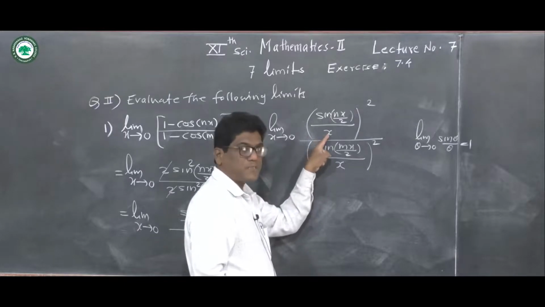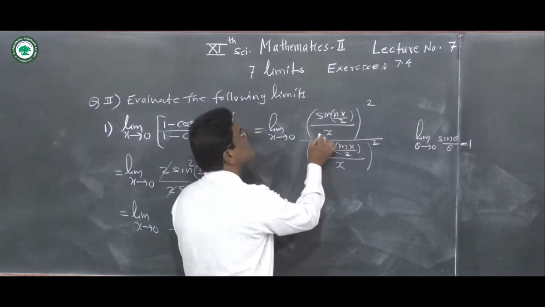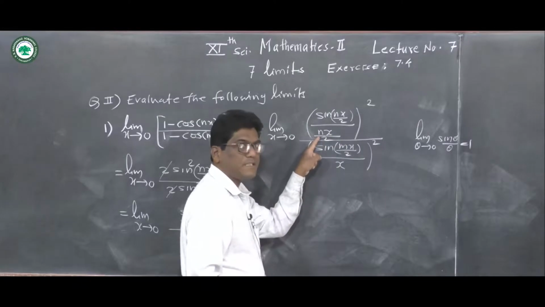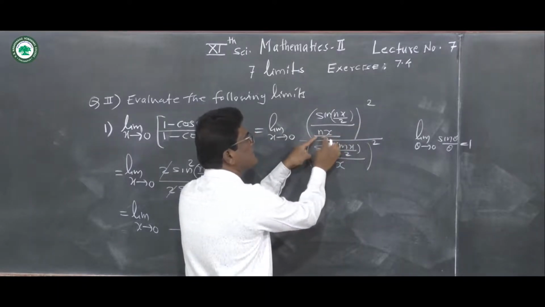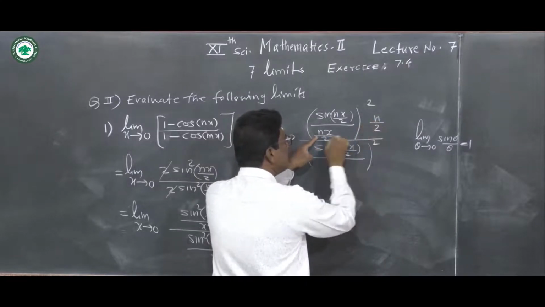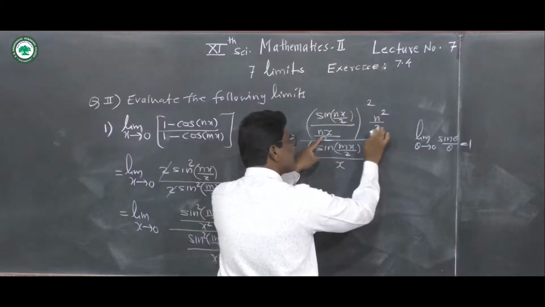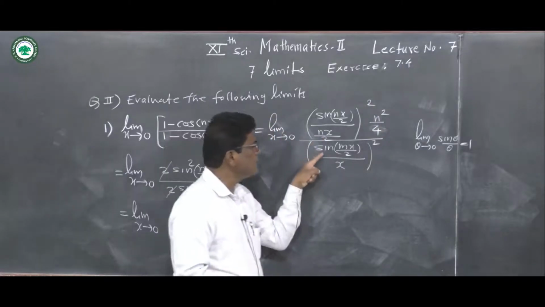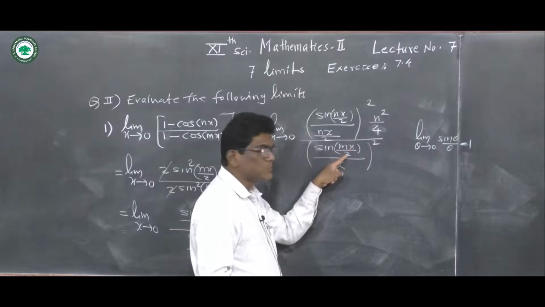Out of that, x is present, but n upon 2 we have to adjust. So I adjust n upon 2 here. We have to multiply by n by 2 to cancel this n by 2. But here n by 2 is in bracket square, so we have to adjust by n square by 4. Similarly, in the denominator the angle is mx upon 2.